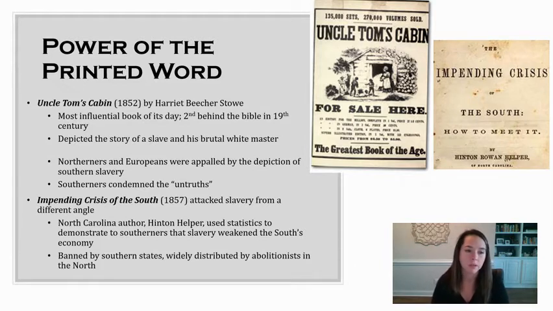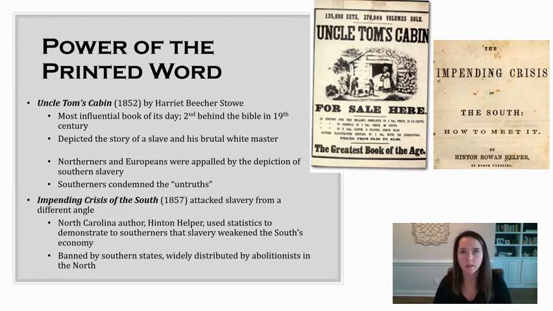And what it talked about was the story of a slave, Uncle Tom, and how his master brutally treated him. Northerners and Europeans were all fascinated with it. I imagine it as brutal and intense and deeply personal. And people just couldn't get enough of it.